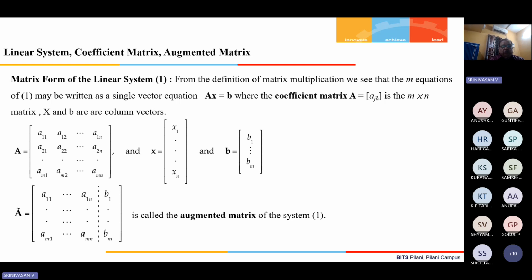If you are using bold small b, since it's a vector, you can bold it. Similarly, if you are using small x, then you have to bold it to mean vector. Anyway, both of them are okay. Matrix means capital letter. Since they are column matrices, they are being regarded as vectors, therefore you put a small letter with boldness. So it's called the augmented matrix of the system one.